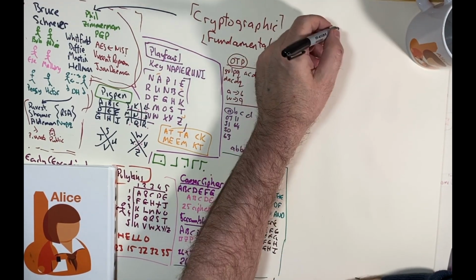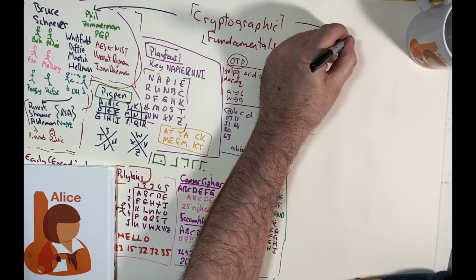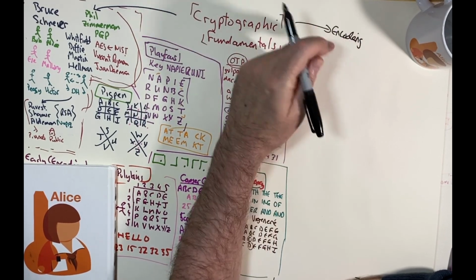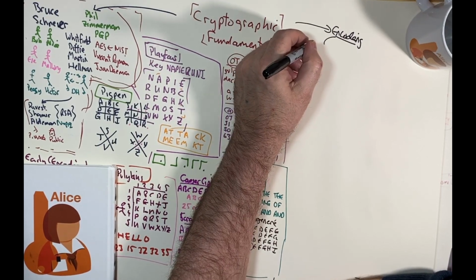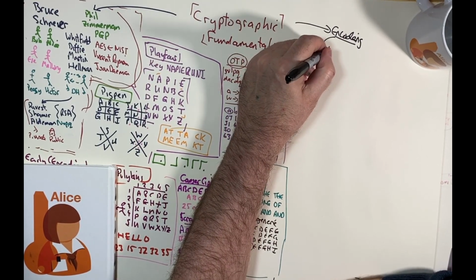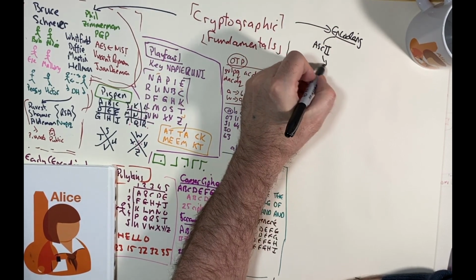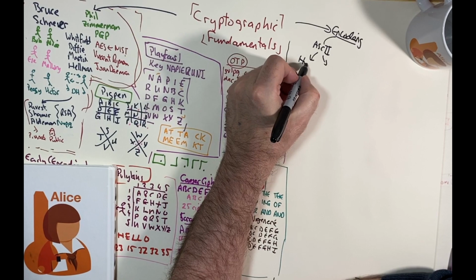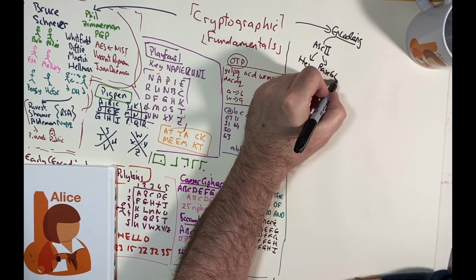So let's now look at the encoding methods that we would typically use. With encoding methods, we often start off with plain text, and then we convert into some other format. Typically that's hexadecimal or base 64.